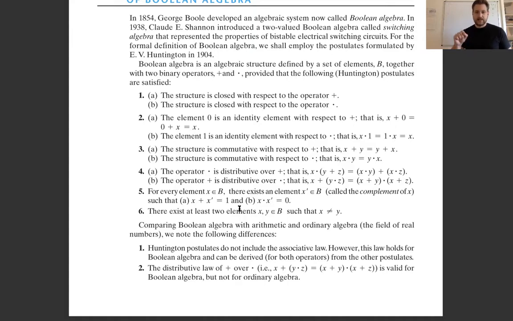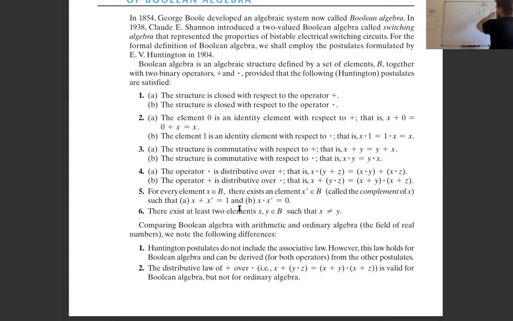X dot X apostrophe equals 0. All right, so if 0 and 1 are complements of each other, then X dot, or I guess 0 dot 1, because X apostrophe is the complement of X, 0 dot 1 should be 0 according to this.